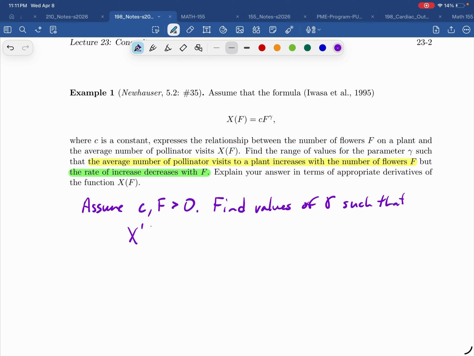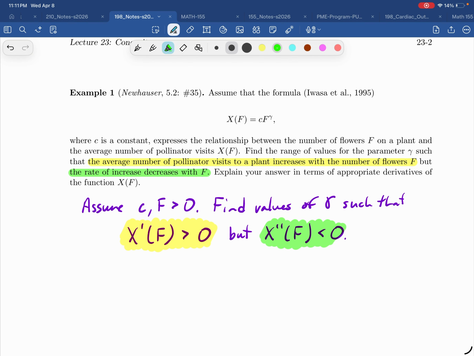X prime of F is greater than 0, but X double prime of F is less than 0. Right? X prime of F being greater than 0 corresponds to this yellow highlighting right here, and X double prime being less than 0 corresponds to the green highlighting right there, okay? So that's what we're going to do.